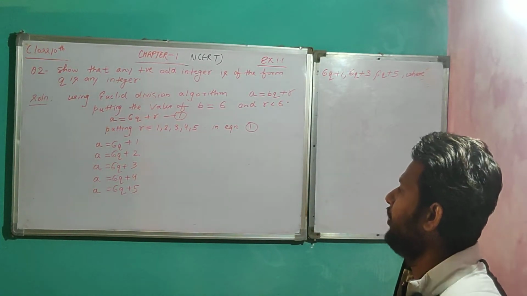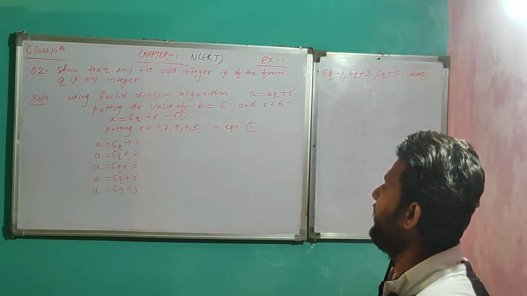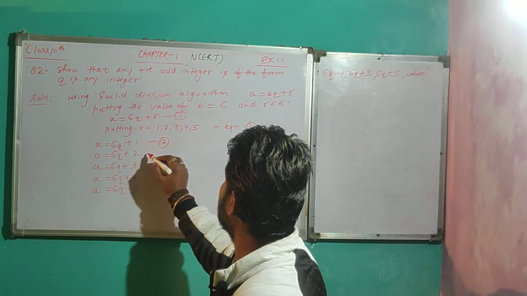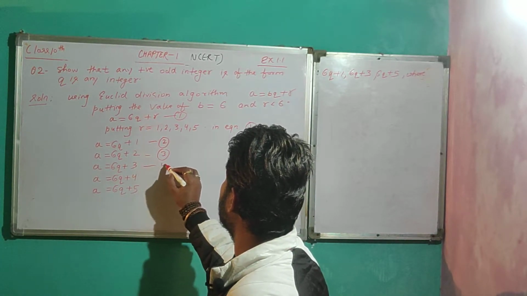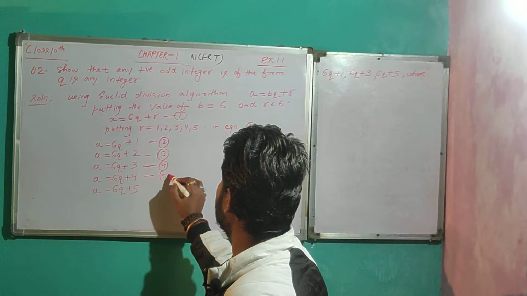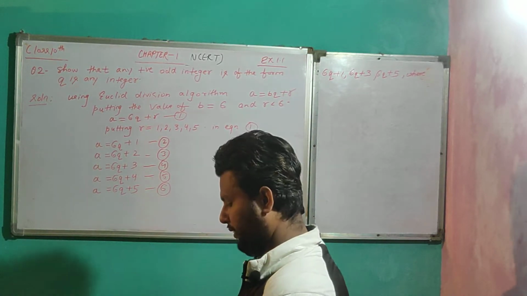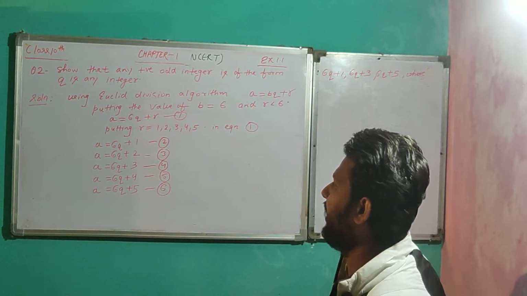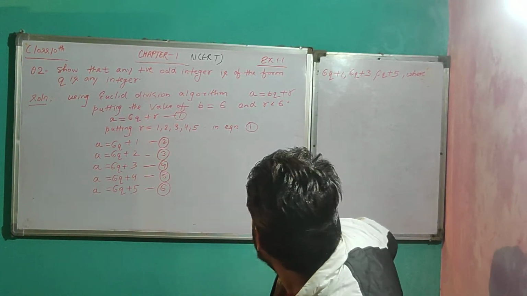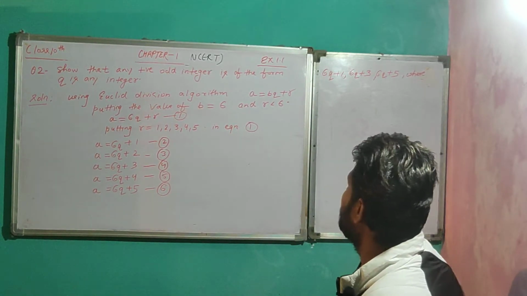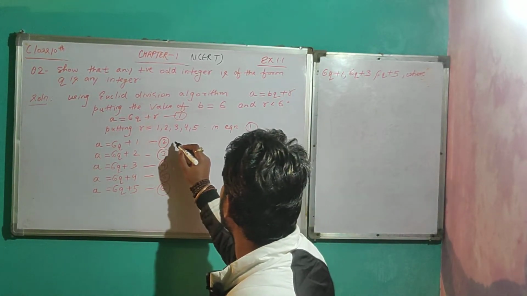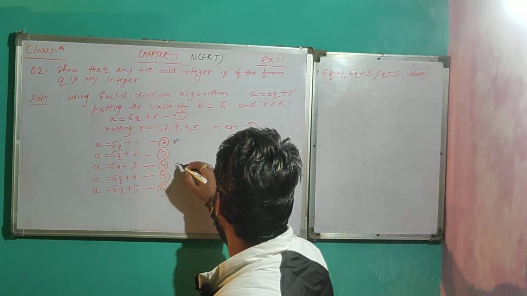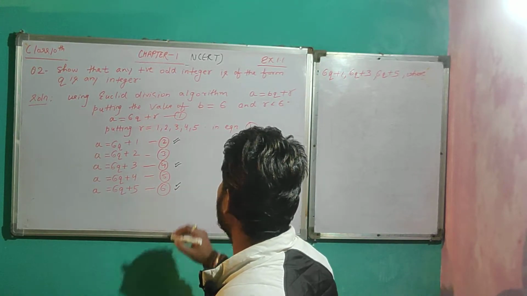Okay. So from here we can see we get 5 equations. This is second, this is third, this is fourth, this is fifth, and this is sixth. From all these equations, the equations which we require are 6q plus 1, 6q plus 3, and 6q plus 5.